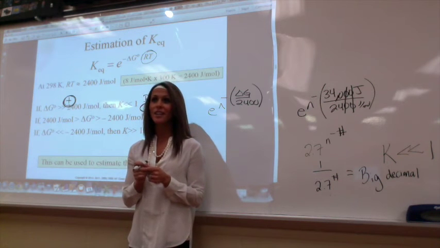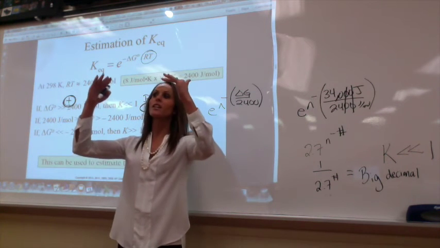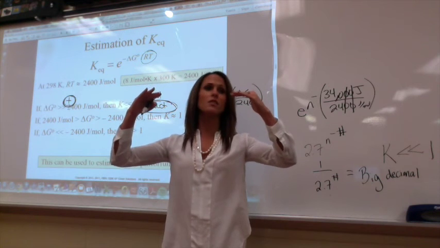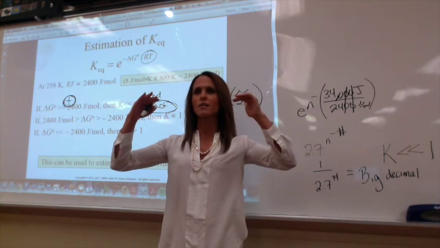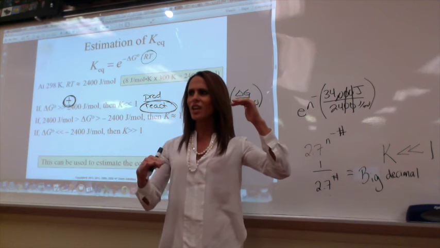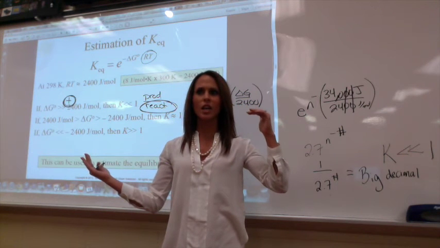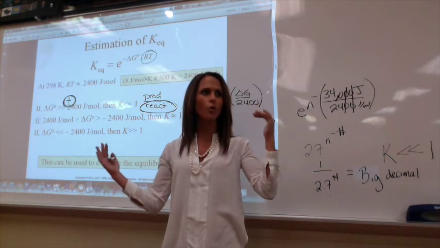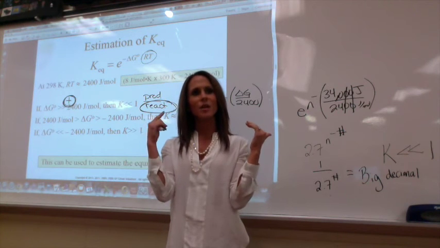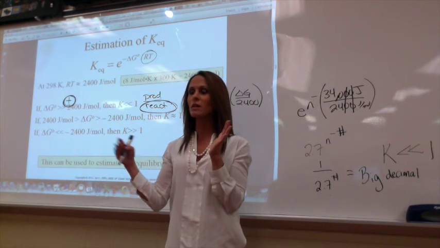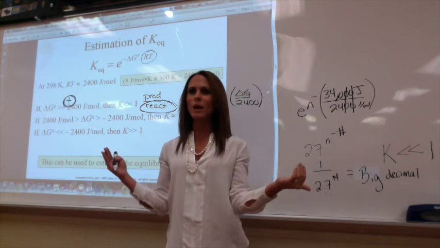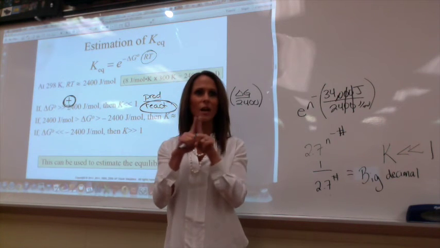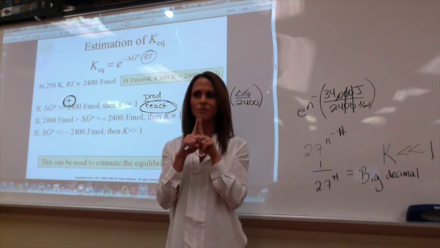Don't you agree? I will often grade these and you guys will have the correct answer for delta G. You'll say delta G is positive. But then you get down to KEQ and you give me this massive number, a positive KEQ, like a whole number. That doesn't make sense. Because a K that's much, much greater than 1 means product favored. But a G that's positive means reactant favored. They have to match.